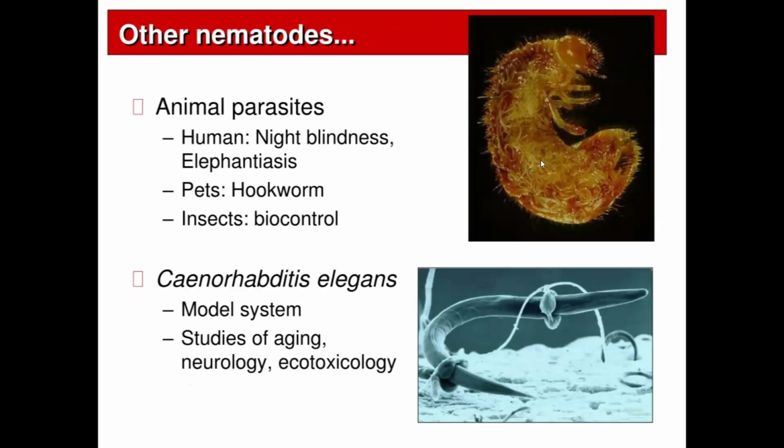Those are not parts of the insect, those are the nematodes. So this whole thing is an insect, but the nematode is able to gain entrance through any of the openings. It could be the spiracle of the insect, it could be the anus of the insect, whatever it is. Once they gain entry, they begin to multiply, and then they begin to feed on the internal content of the insect, and the insect dies. So all those whitish things you see inside, those are nematodes. We refer to those groups of nematodes as entomopathogenic nematodes.